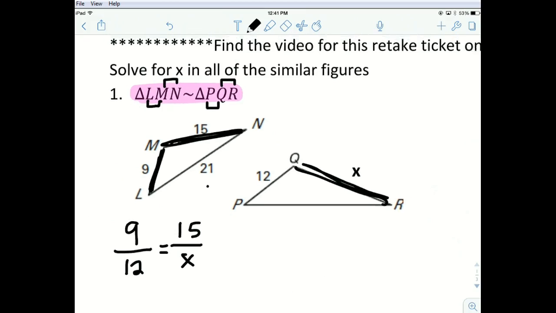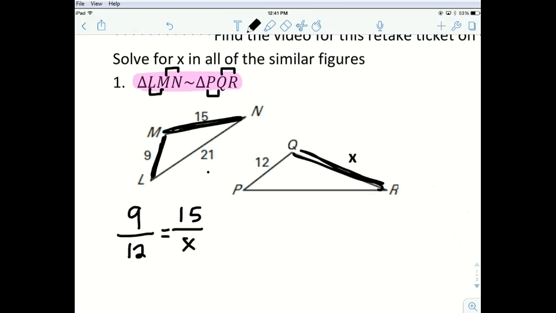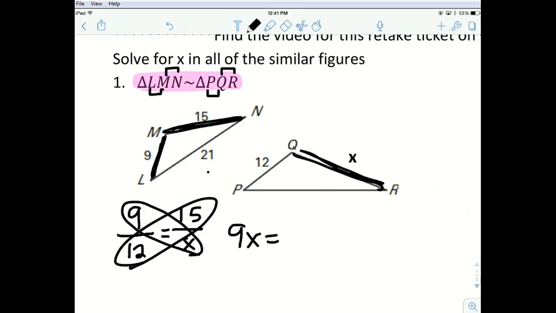And now, like we will do on every single problem, we're going to cross multiply and solve. 9x equals 12 times 15 is 180. And you're going to divide both sides by 9.